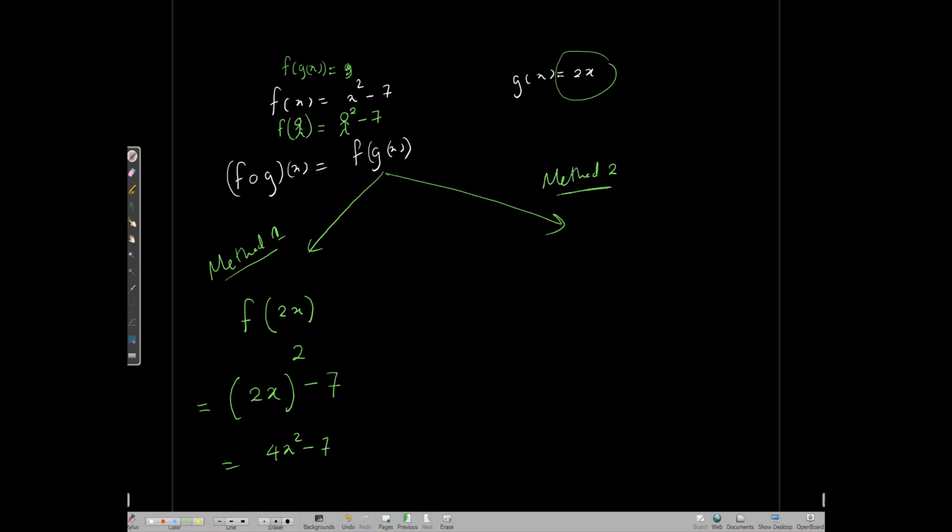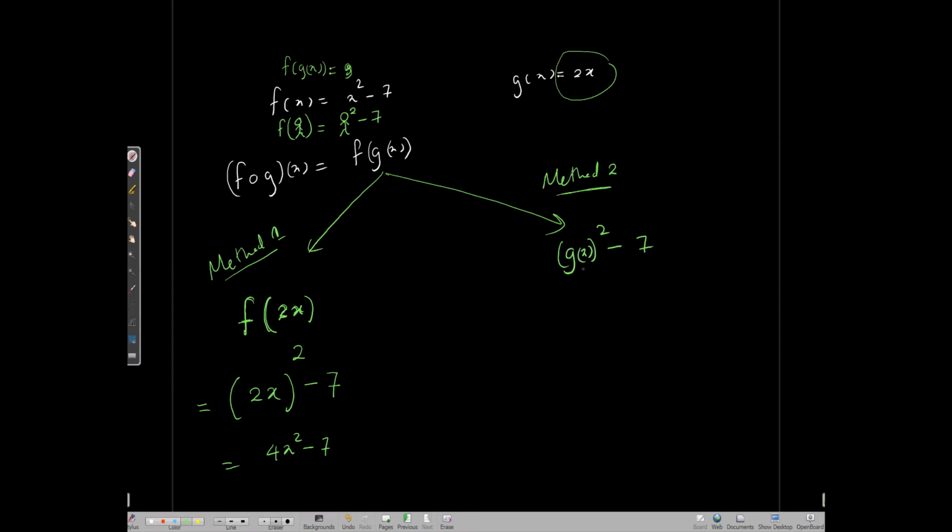Now method number 2: first I am using f. In method number 1, I wrote f and wrote g, and substituted the given value for g of x. Now here, looking at f, I know f will square whatever you throw in and subtract 7, so it will do the same for g.